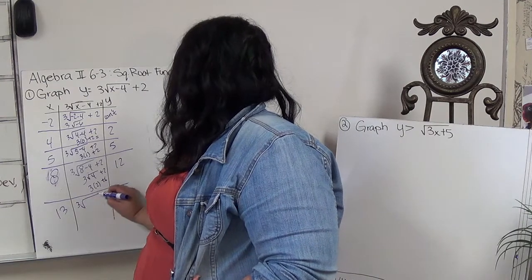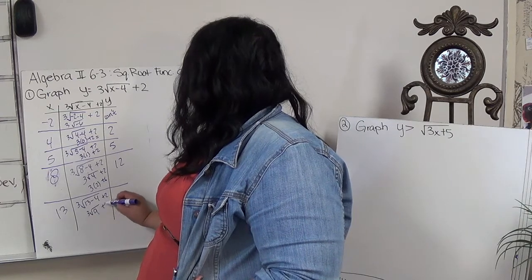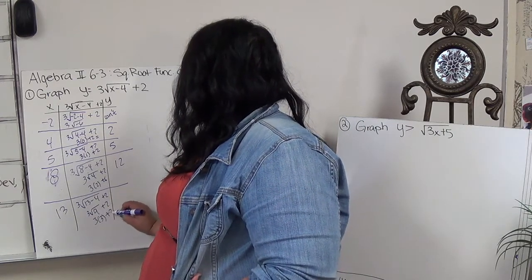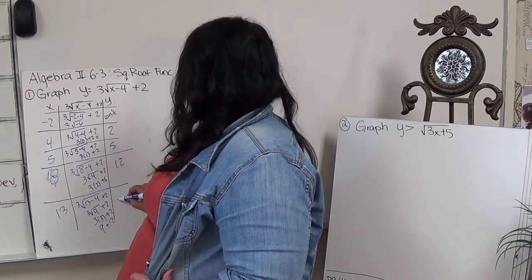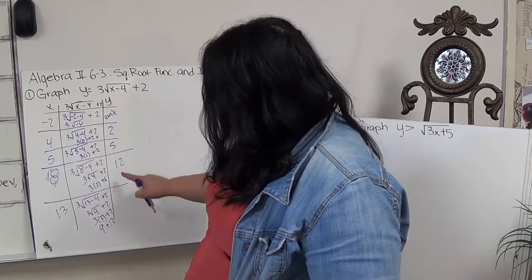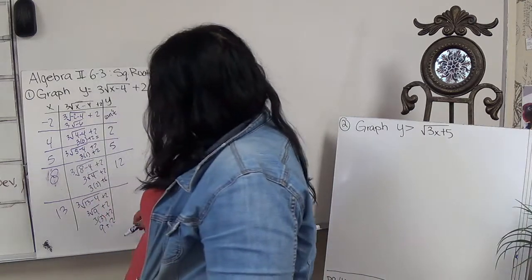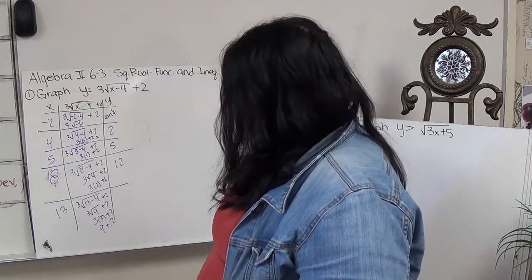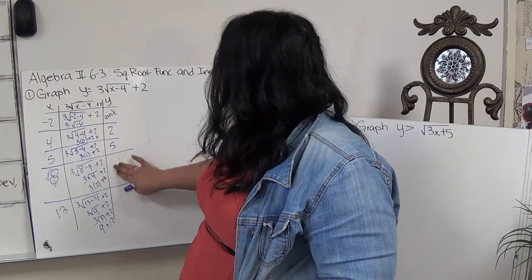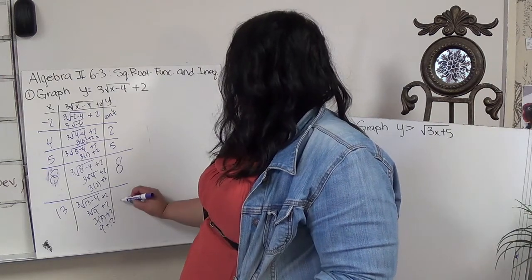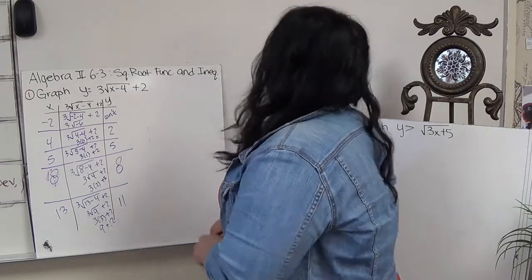So 3 square root of 13 minus 4, plus 2, 3 square root of 9 plus 2, 3 times 3 plus 2, which would be 9 plus 2, which would be 11. I was wondering why we were going up and then down. Okay, so now I can graph.